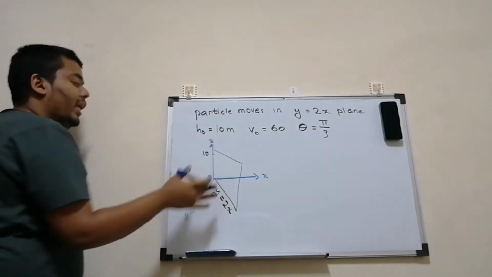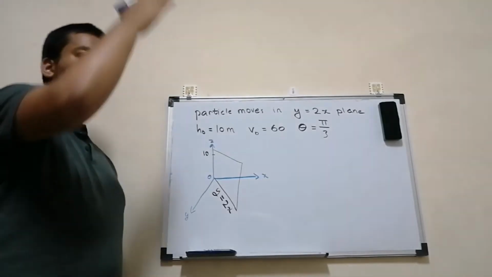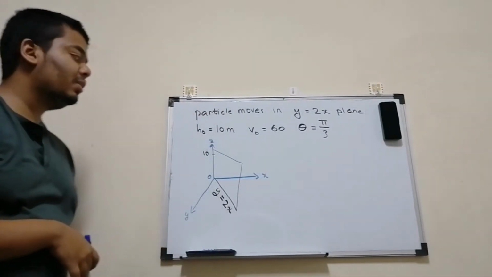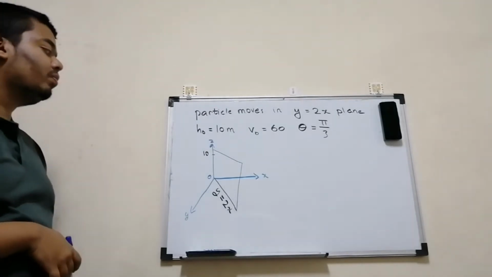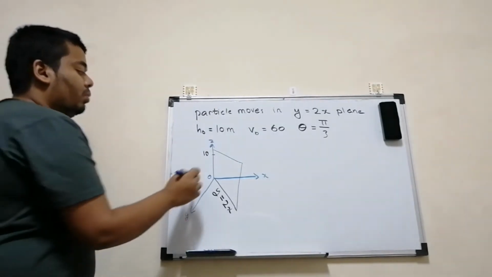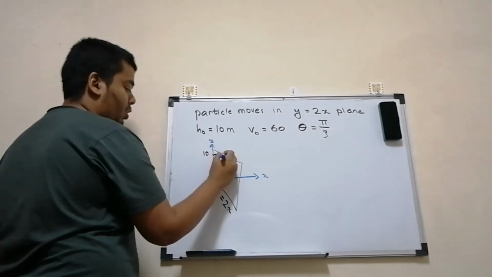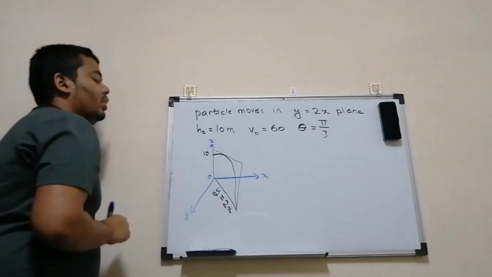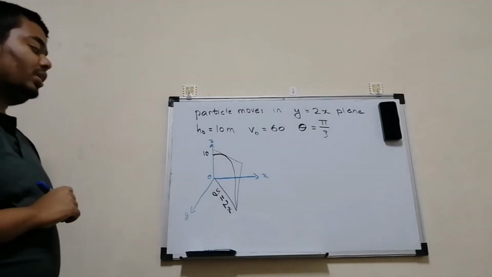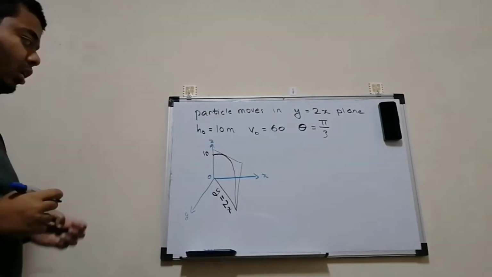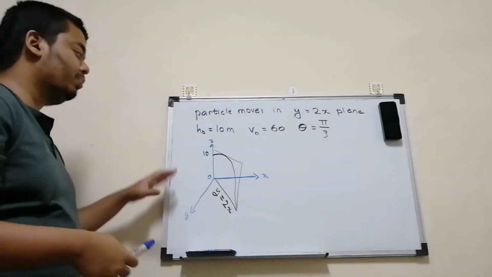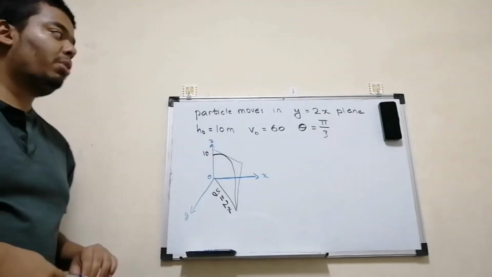The plane goes up and down to positive and negative infinity in the z-axis, that means in the k direction. The particle moves in this plane. Now this is a very interesting thing that we have. Perfect. Now let's start analyzing this particular movement of the particle.